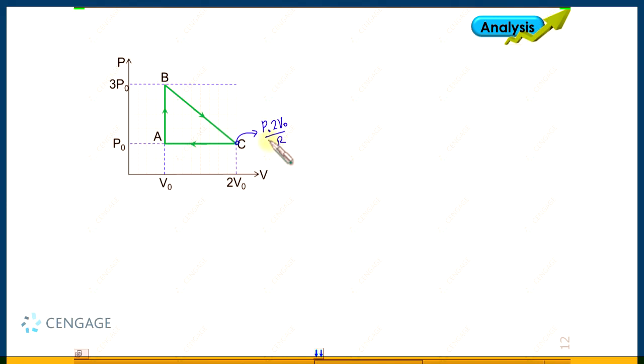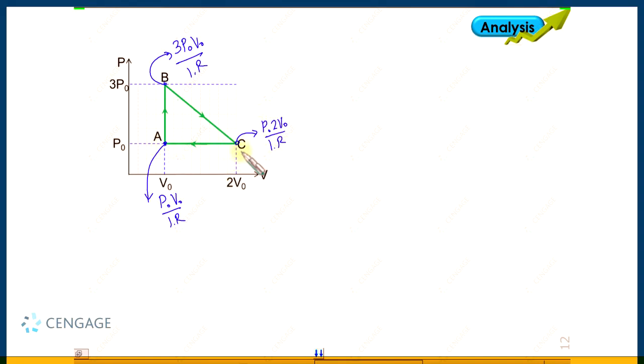And here the temperature is equal to P naught V naught divided by 1 multiplication R, and the temperature associated with position B is equal to 3 P naught V naught divided by 1 multiplication R, right. That means the temperature at this position will be the highest in this process. Similarly, we can say the temperature in this process will be greatest at this position.